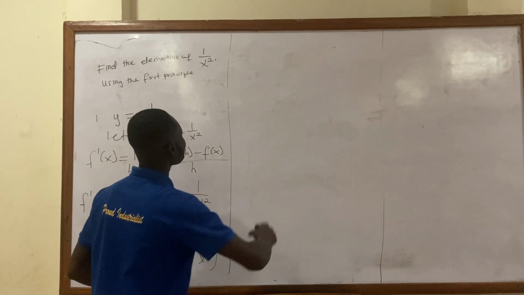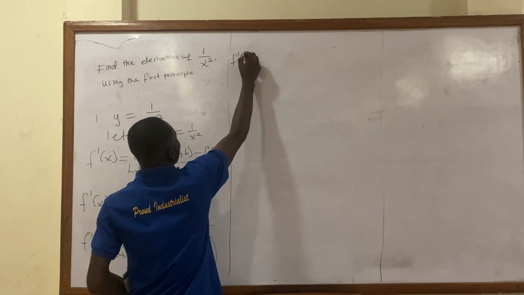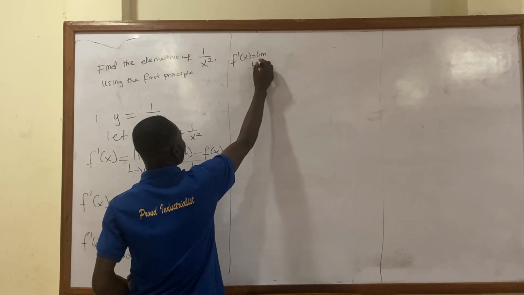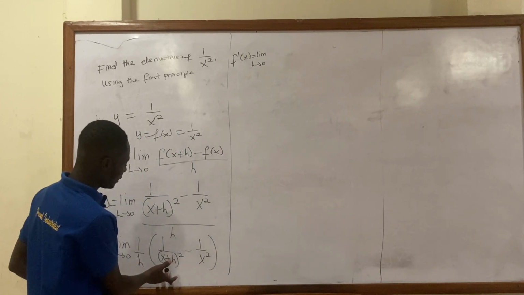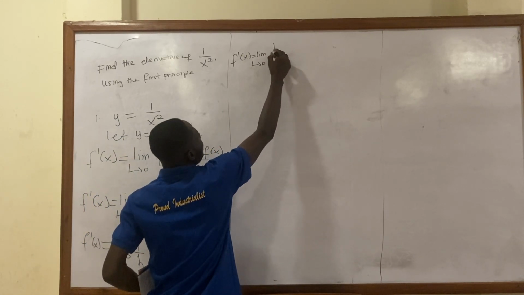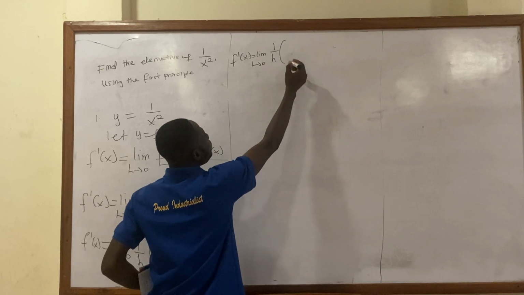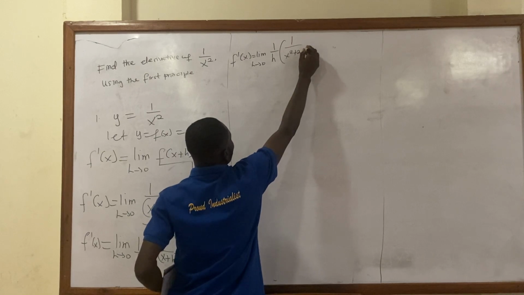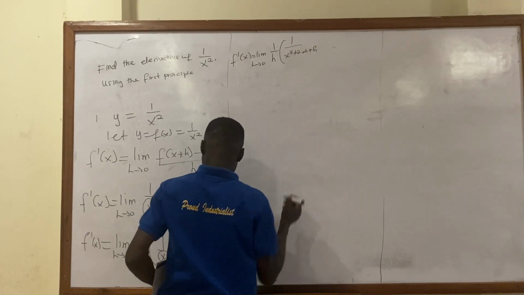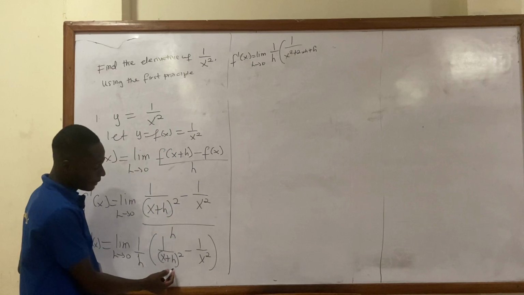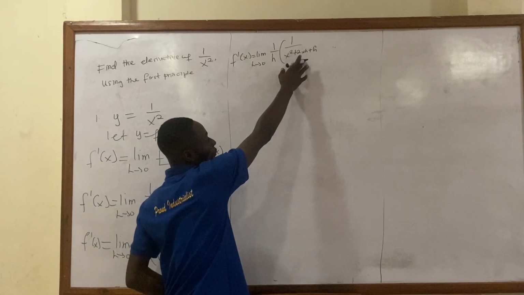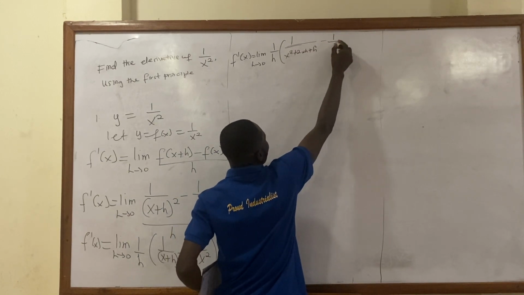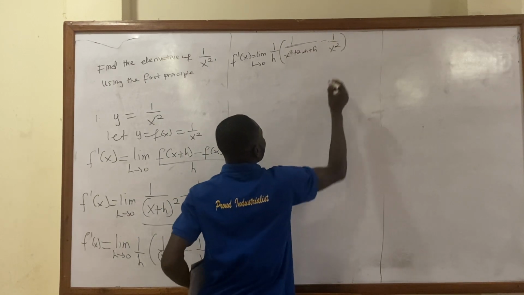Our first principle is equal to the limit as h approaches 0 of 1 over h into 1 over x squared plus 2xh plus h squared. We expanded this bracket, and that was the result it yielded, minus 1 over x squared.